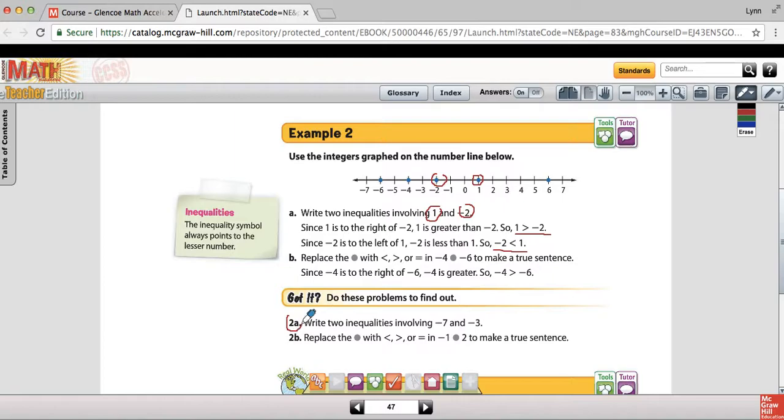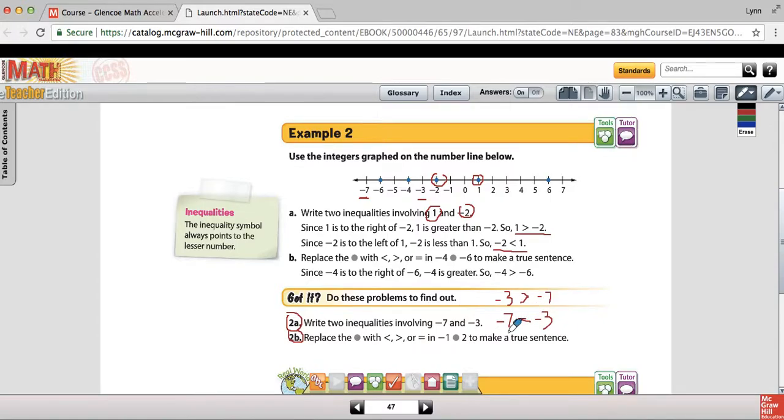Jumping down to 2A and 2B that you will record on your note sheet, it says write 2 inequalities involving negative 7 and negative 3. Here's negative 7 on the number line, and here's negative 3 on the number line. Negative 7 is less than negative 3 is one inequality, and you could also say that negative 3 is greater than negative 7.